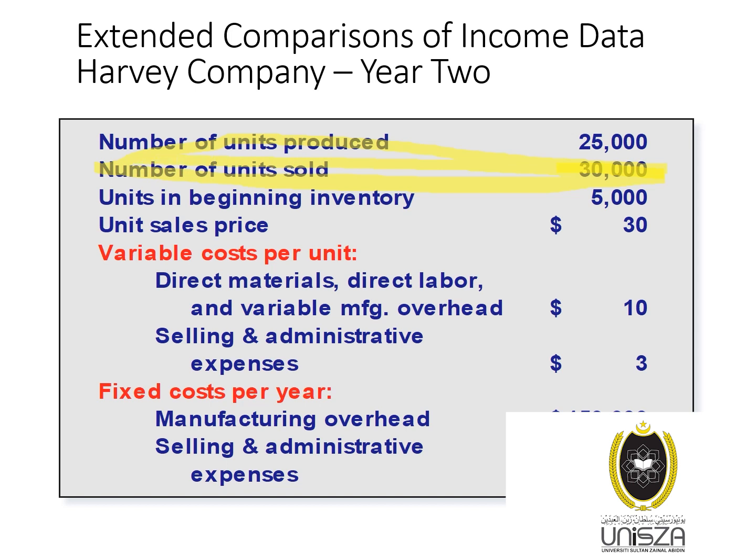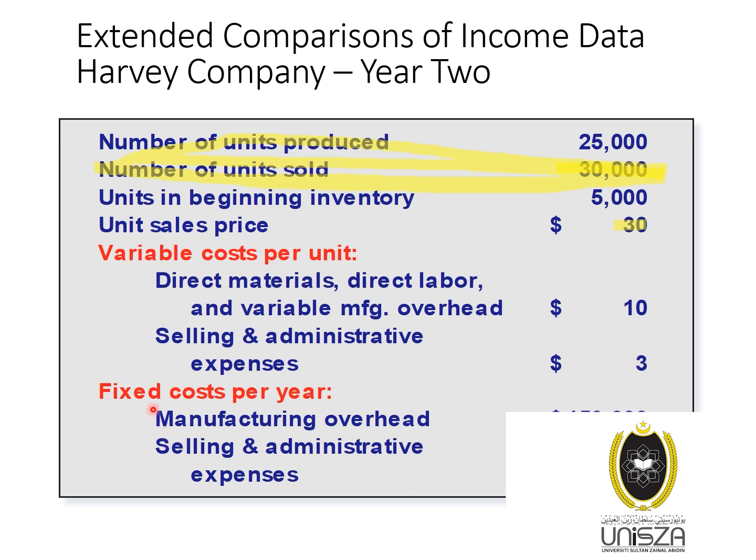And remember, we have the beginning inventory units that come from year 1, 5,000. The selling price per unit is still the same, 30. And these are all the variable costs per unit: direct material, direct labor, and variable overhead, 10, and selling and administrative expense, 3.